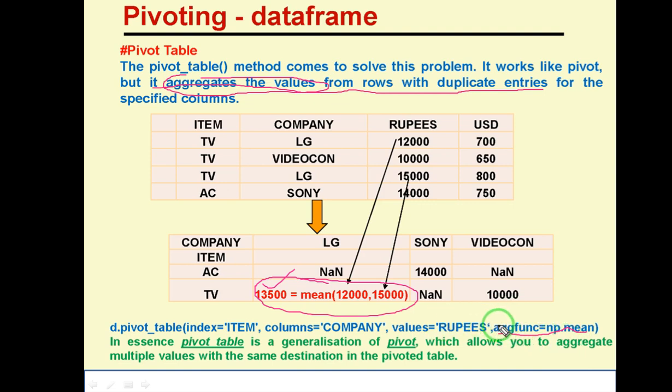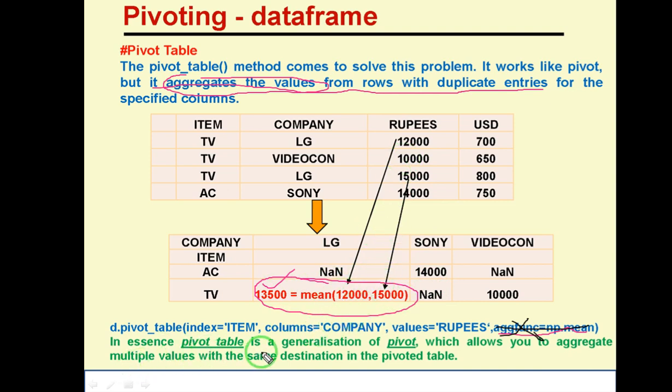If you skip the aggfunc argument and write d.pivot_table, automatically it will take the average in that particular cell where multiple values are coming.